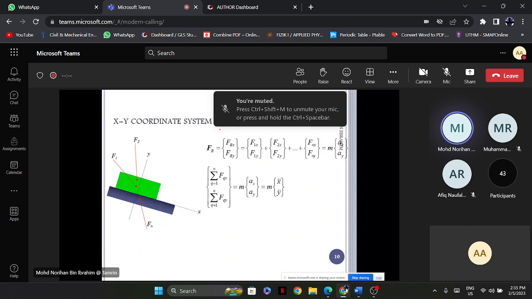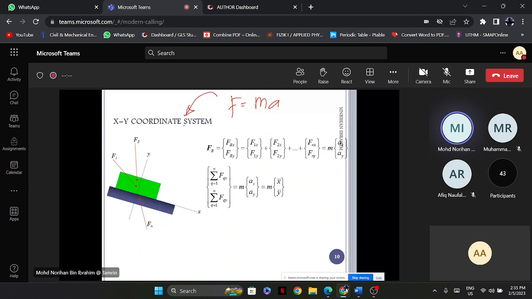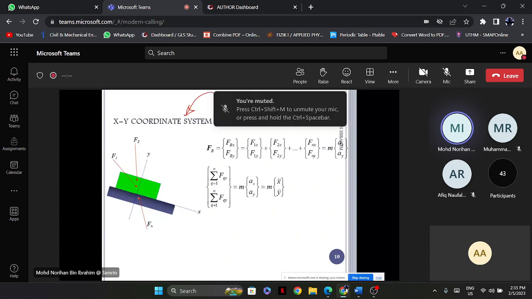So if we want to apply this XY rectangular coordinate system, for example, we have this block located on this inclined plane, as you can see here, applied with multiple forces of F1, F2, and Fn, for example.